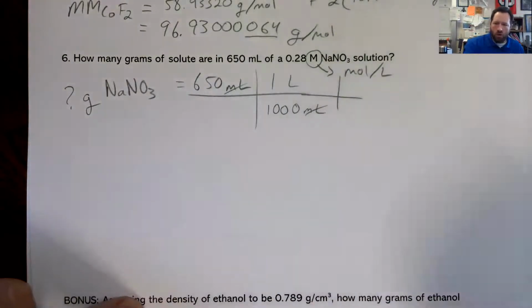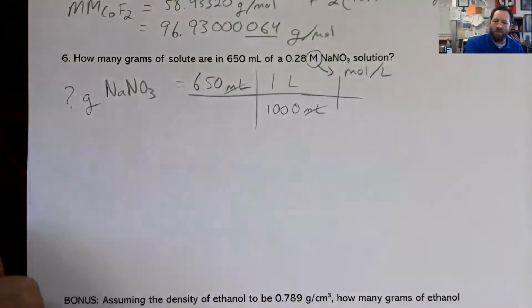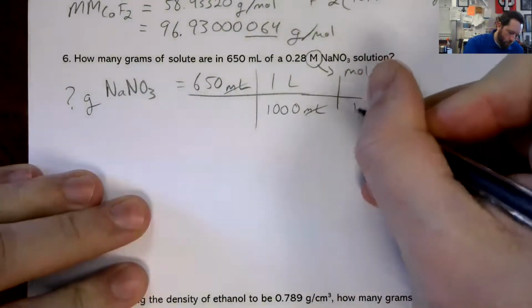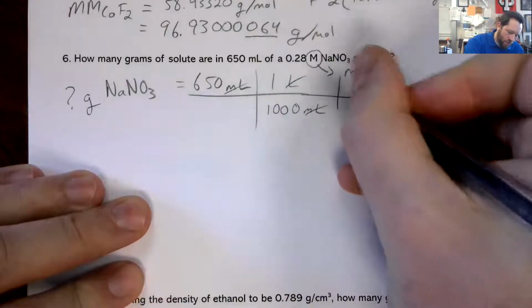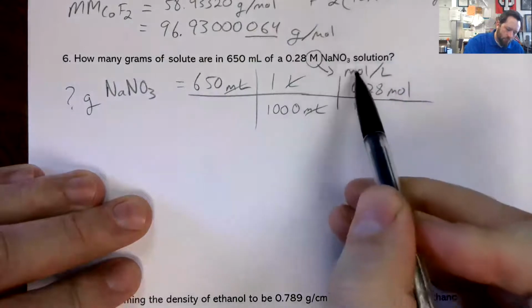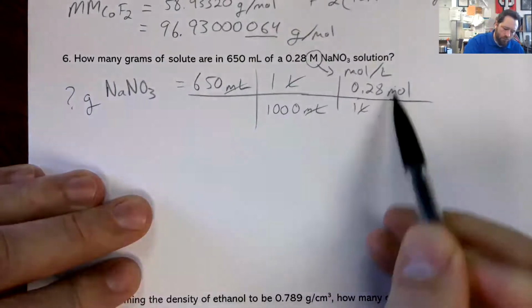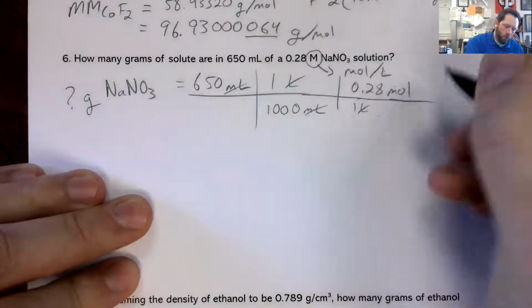No, not straight away, but we always know how to go from moles to grams, right? All we need is our periodic table. So if we put 1 liter on the bottom and 0.28 moles on top, again, this is our moles per liter right there. That's our molar. That big M is right there, 0.28 molar.